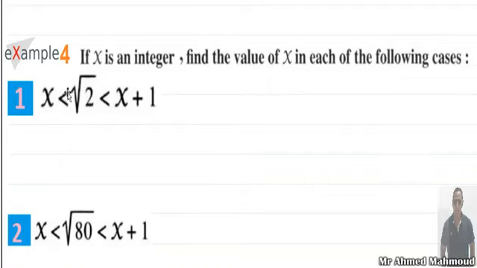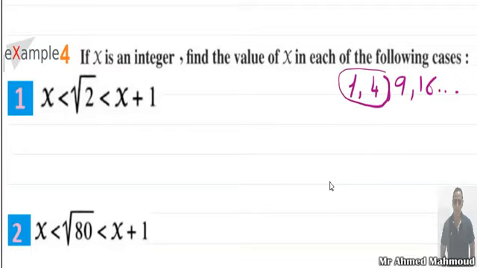Here we have square root, so I'm going to search in the perfect squares. The perfect squares are 1 power 2 equals 1, 2 power of 2, 4, 3 power of 2, 9, 4 power of 2, 16, and so on. 2 here is included between what and what? It's included between 1 and 4. Then square root 2 is greater than square root 1 and smaller than square root 4.